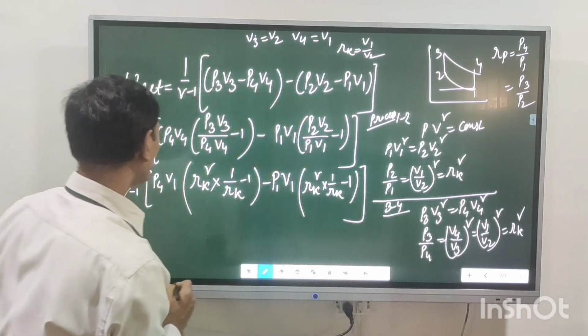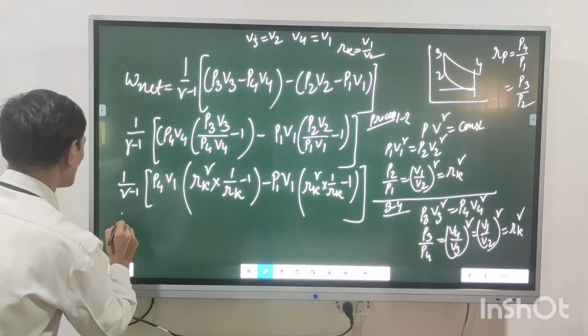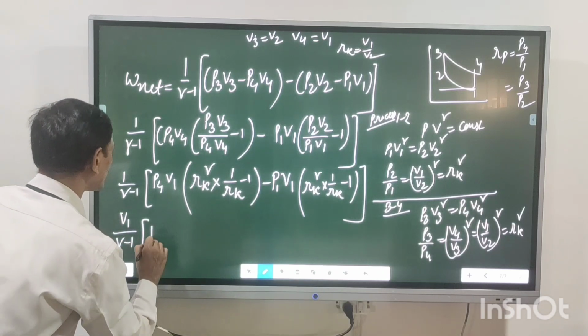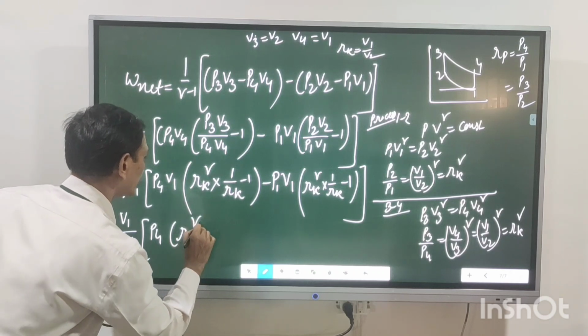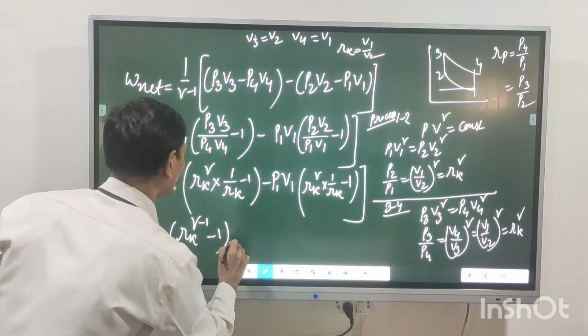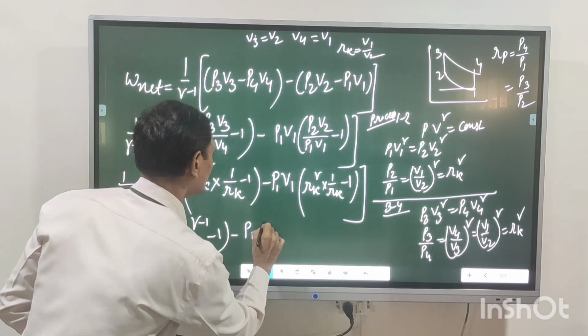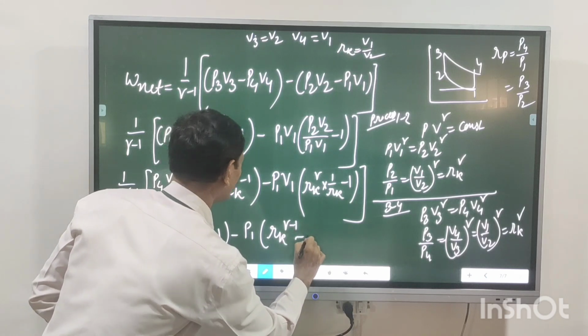Okay, now we can write V1 in both sides, so take common V1 by gamma minus 1: P4 RK gamma minus 1, minus P1 RK gamma minus 1 minus 1.